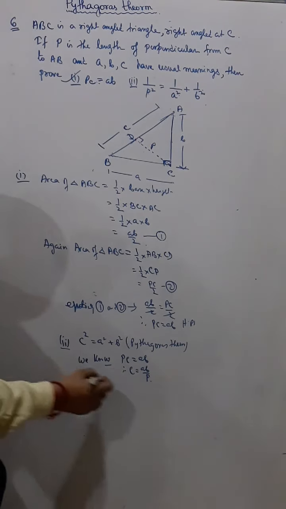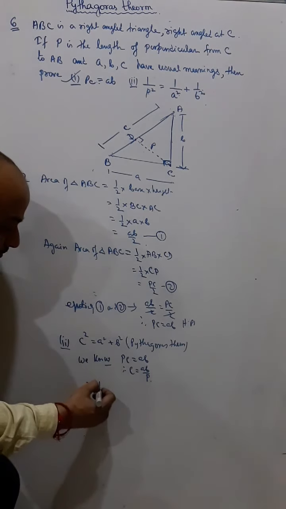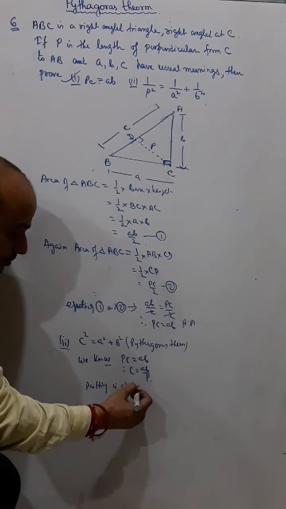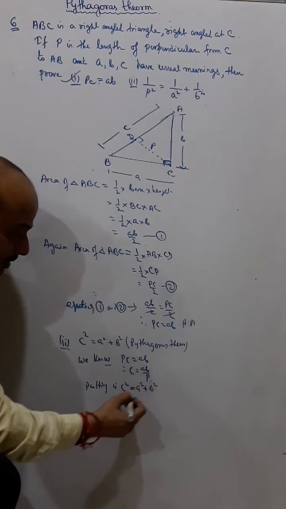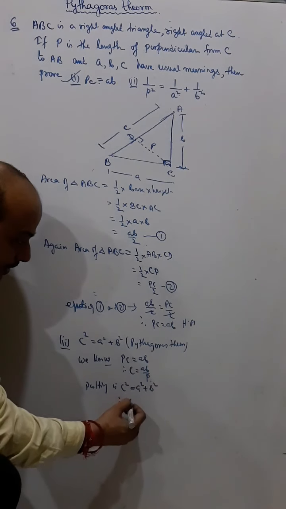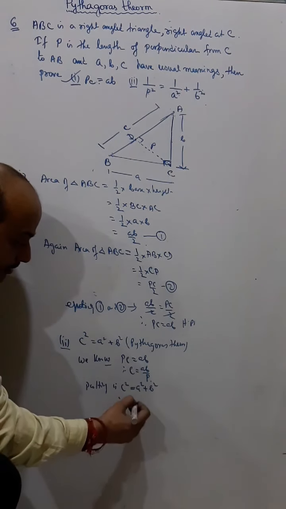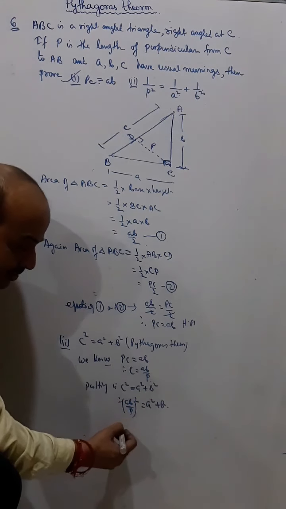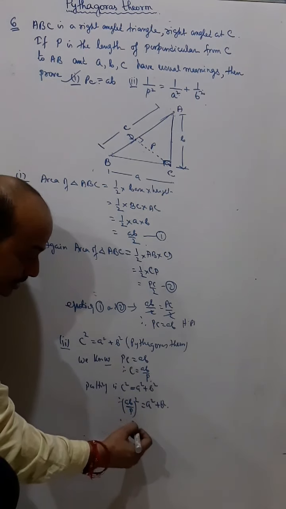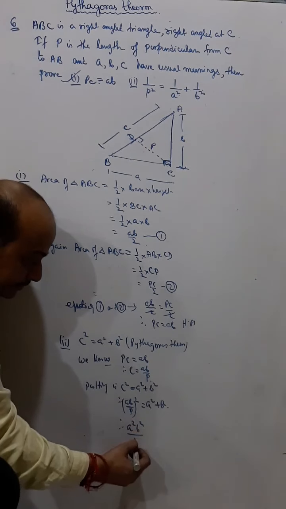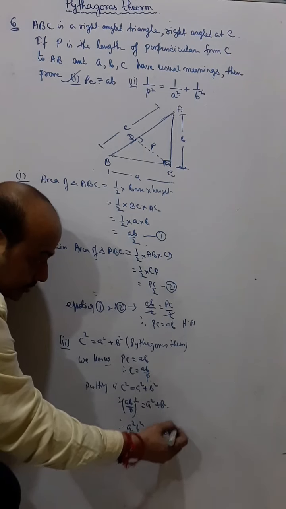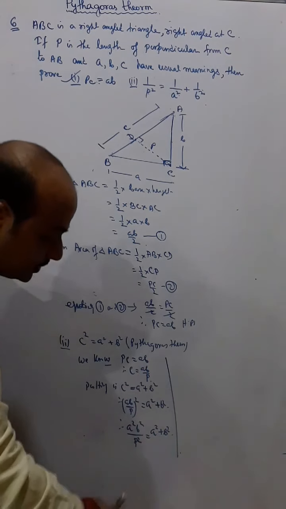Now if I put this value, putting in c square equals a square plus b square, what we got? (ab by p) whole square is equal to a square plus b square. So a square b square by p square is equal to a square plus b square.